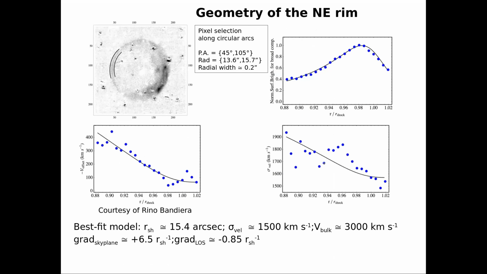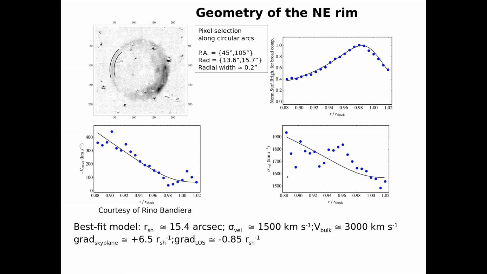So I will first present some results that we have from this northeastern part that looks perfectly spherical. So we took spectra going from upstream towards downstream along the circular axis, and we extracted profiles from these arcs that have a width of 0.2 arcsecond.